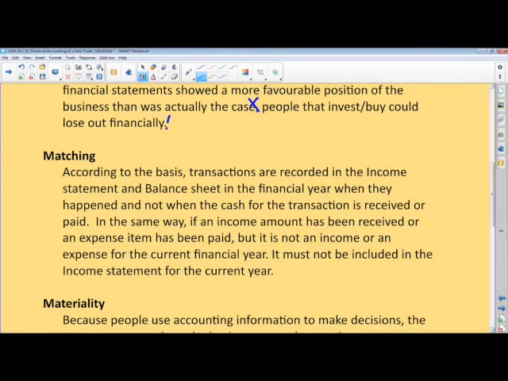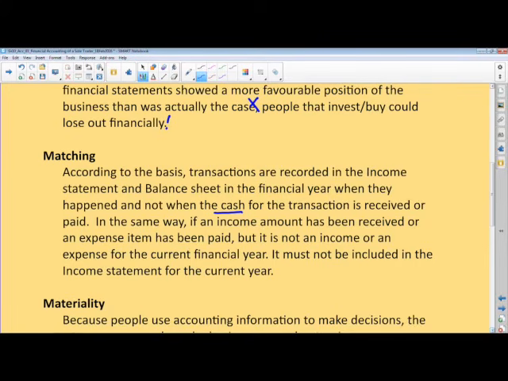The matching principle. Now guys, according to the accrual basis, transactions are recorded in the income statement and balance sheet in the financial year when they happened and not when the cash, that's the important one, for the transaction is received or paid. In the same way, if an income amount has been received or an expense item has been paid, but it is not an income or an expense for the current financial year, it needs to be excluded.